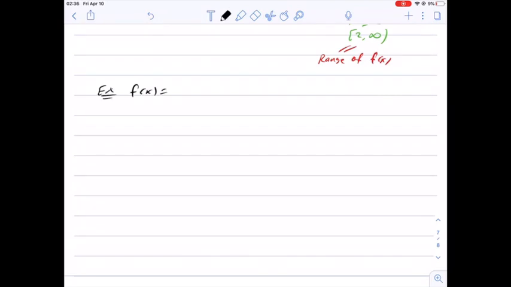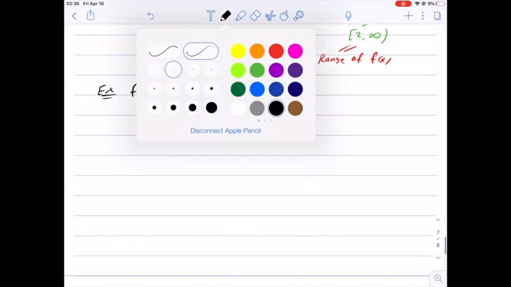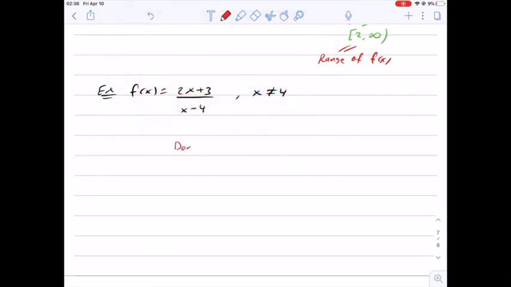Now, if we have a rational function like 2x plus 3 over x minus 4, where x is not equal to 4, because if x equals 4, that means the denominator is equal to 0, and that's not defined. Now, what is the domain of this function?